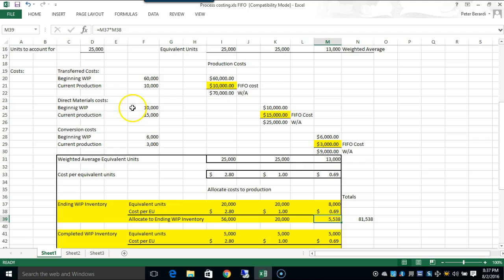That's going to be your beginning WIP numbers. So your beginning WIP for the new month for transferred costs will be $56,000, $20,000, and $5,538, because that's your ending WIP breakout. And so it just becomes a cycle.